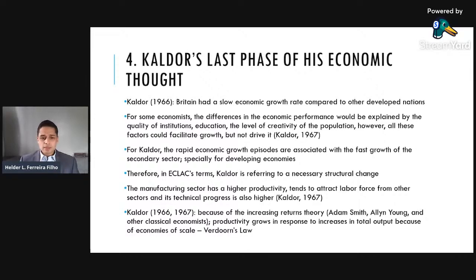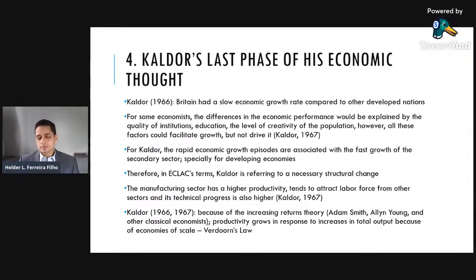The manufacturing sector, as we know, has high productivity and tends to attract labor force from other sectors with low productivity. Its technical progress is also higher, which are benefits of the sector. In his models and papers of 66 and 67, Calder said that the answer, because of the relation between manufacturing and growth, is the increasing returns theory, especially in manufacturing.